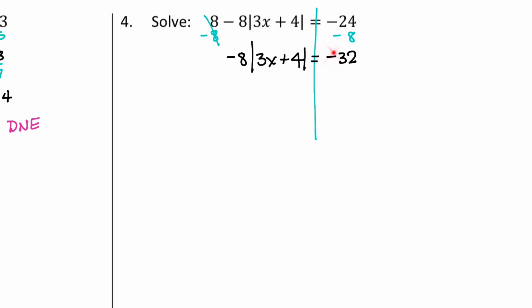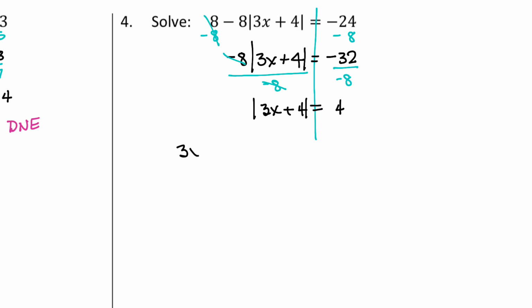Now don't get too antsy. Don't jump the gun because this is a negative. It's not isolated yet. We're going to divide by negative 8. Negative 8's cancel. So now it's isolated. And it's equal to positive 4. So we can continue, and we're going to.